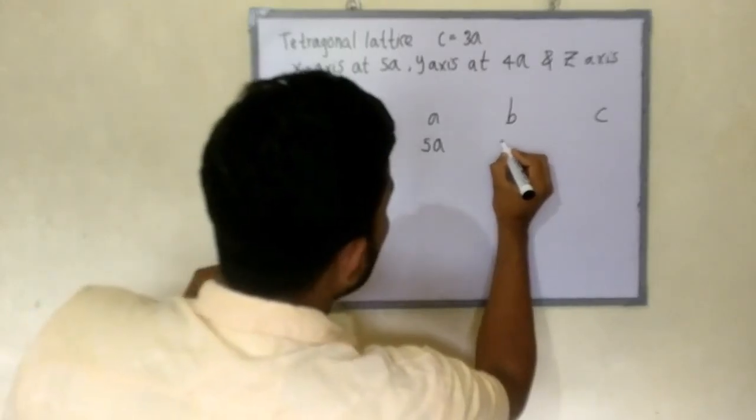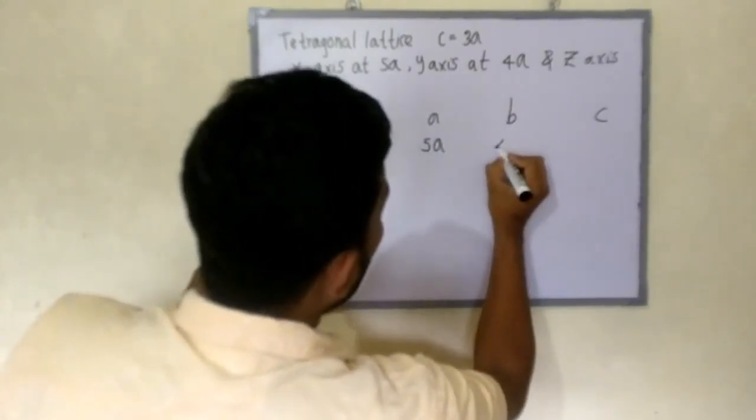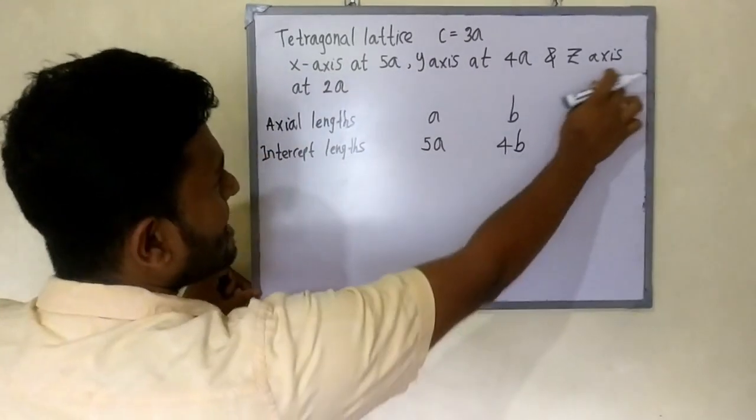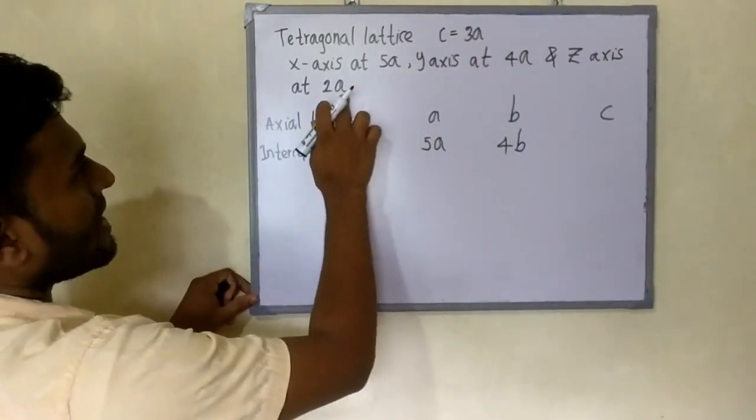So this is 4b for b, and the z-axis is 2a.